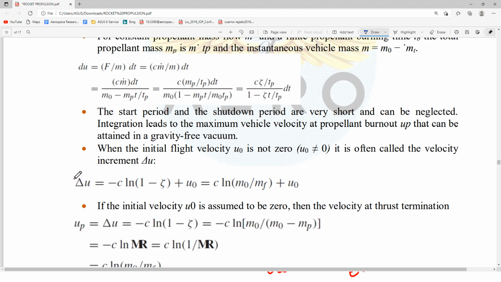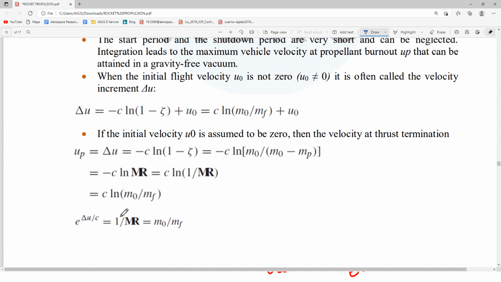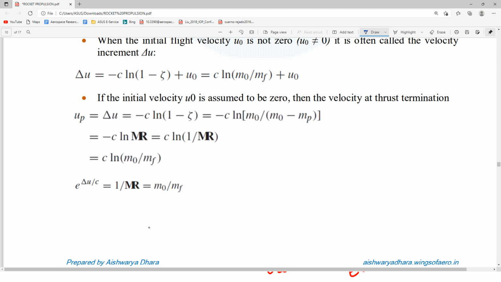Del u, the increment or change in flight speed, equals minus c ln 1 minus zeta, where zeta is the propellant mass fraction, plus u naught. Or you can make use of this formula, so you can remember this formula as well.